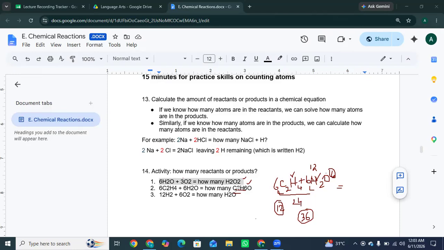So we simply divide 12 by 2, which is 6. Means 6 C2H6O.